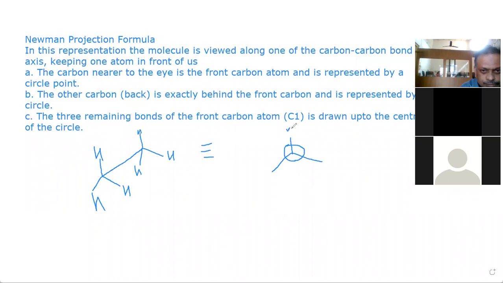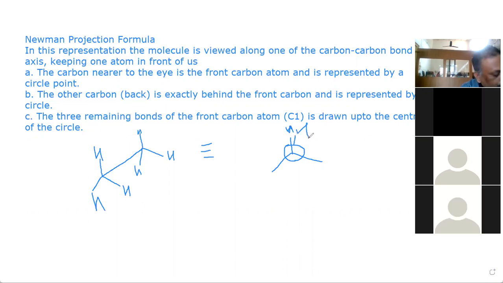H, H, H, H, and this is H and H. This carbon is C1 and this carbon is C2.